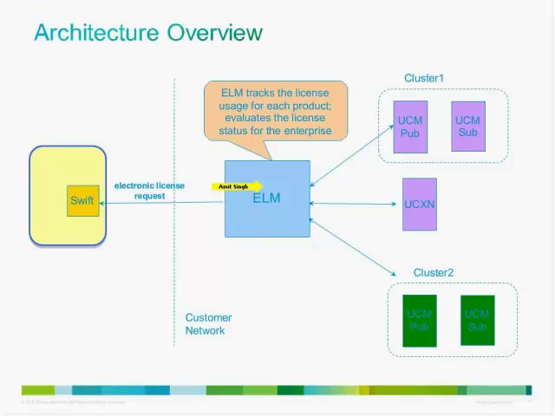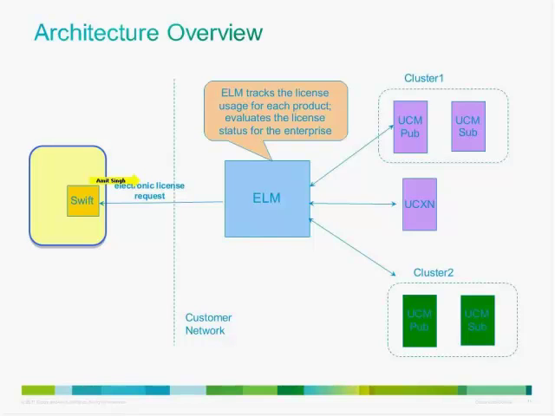What we see here is that going forward we are going to have the option for electronic license request as well as manual. Manual is what we have right now in CUCM 9.0, and CUCM 9.1 is going to come up with an electronic license request. So we will cover it in more detail.